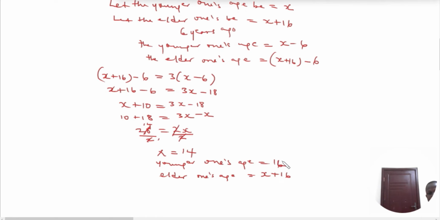So sorry, x is 14 as we have here. So x plus 16, we substitute 14 for x. So the elder one's age is equal to 30 years. If you go to the question again, the elder one is 16 years more than the younger one's age. So this is how we go about solving this question.